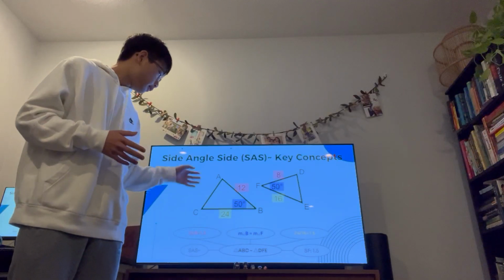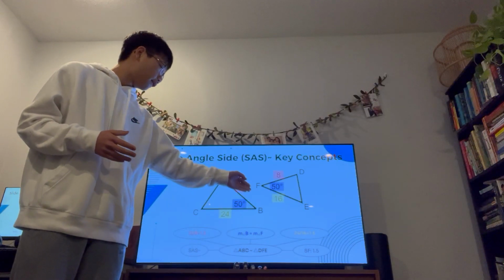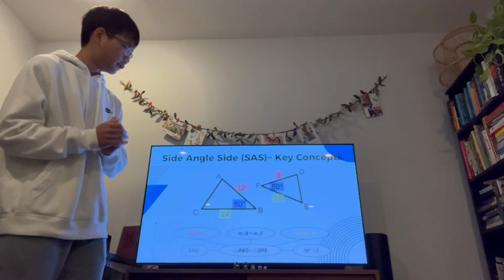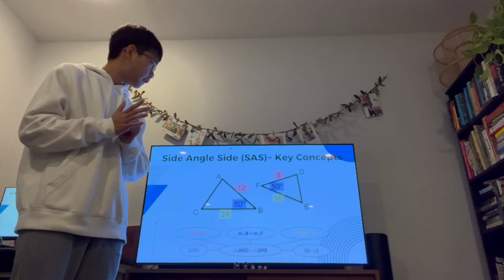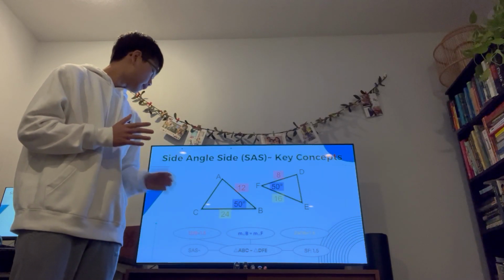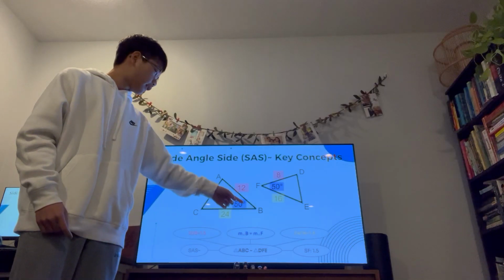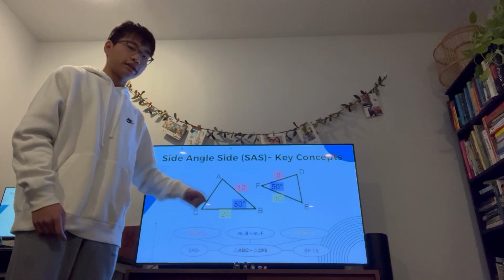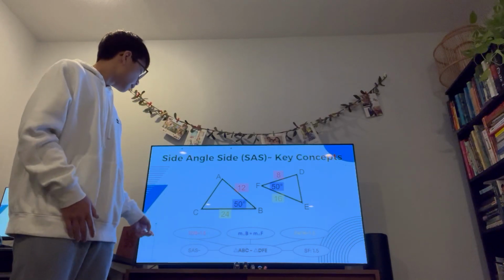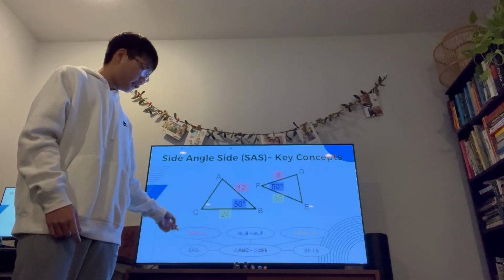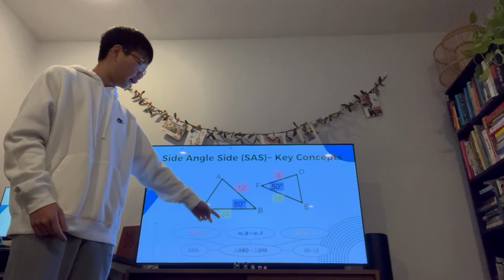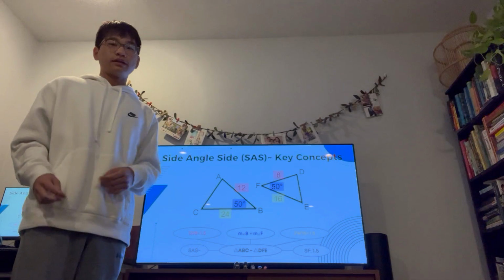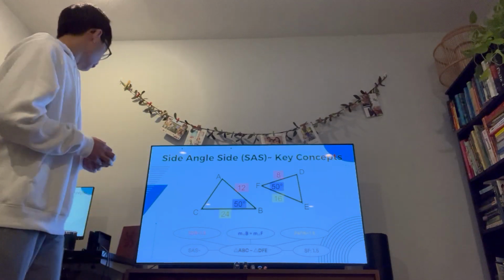So the scale factor is the same, and we know that these two triangles are similar because they have the same scale factor and the angle in the middle matches. So we have our statement here, and then our overall statement that triangle ABC is similar to DFE.